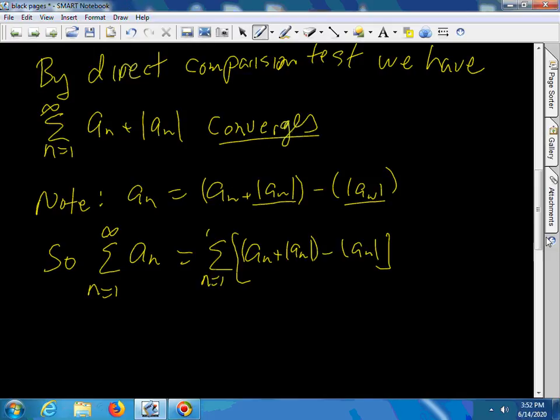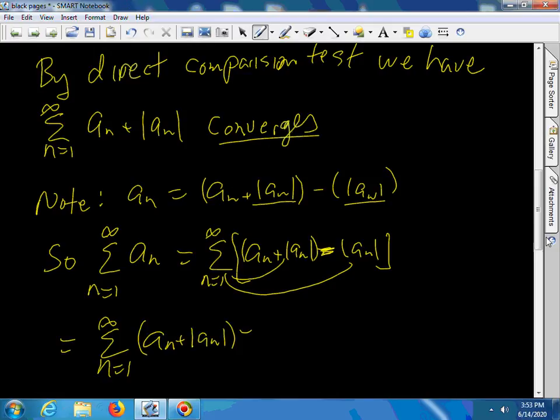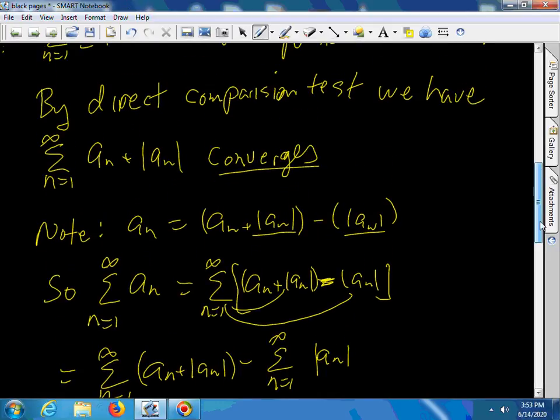I'm going to distribute the summation over subtraction. So I get this summation minus the summation of the absolute value of a sub n.